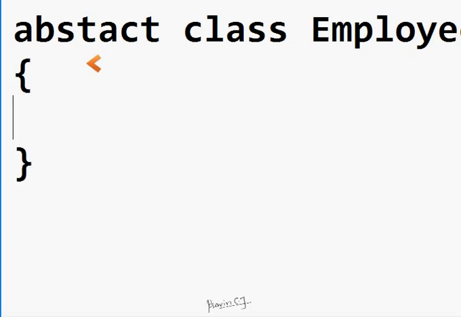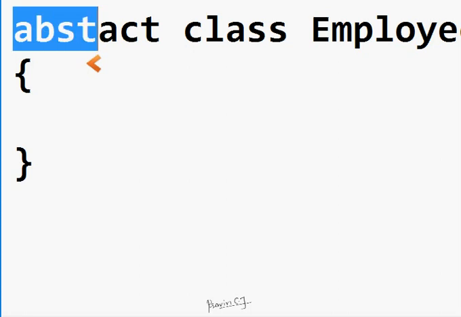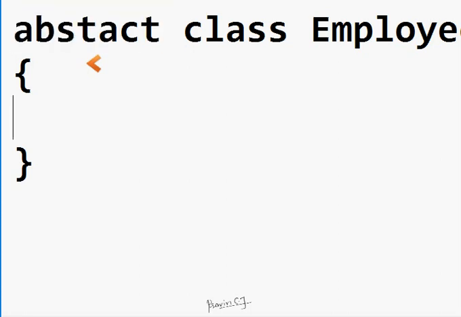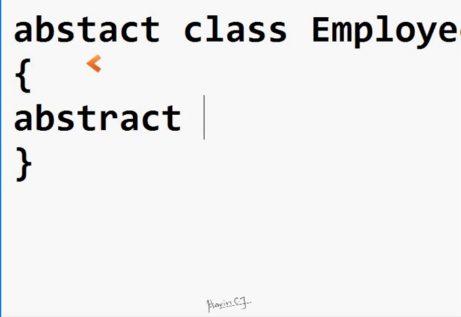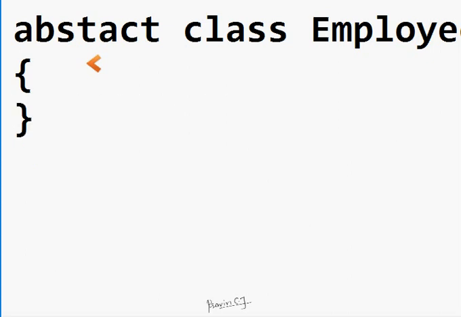Now remember, if I have typed abstract here, then one of the methods must be abstract. That is the most important thing. However, the class employee's object I can't create because it's abstract. Let me ask you whether this is correct syntax for an abstract class.